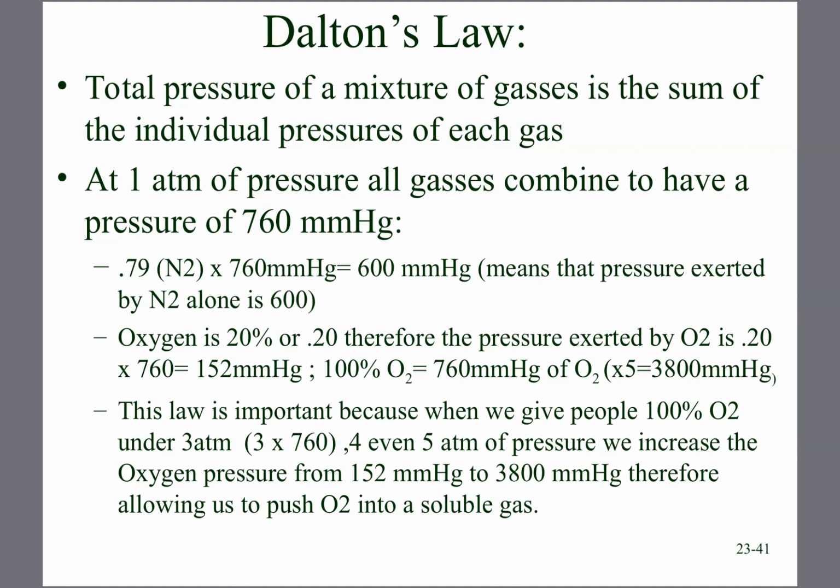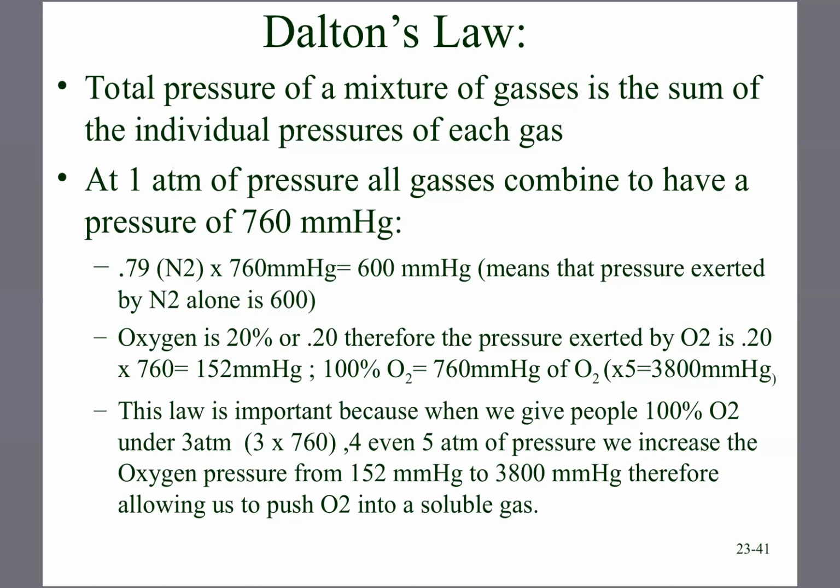Nitrogen, oxygen, carbon dioxide, you can't smell it and you can't see it. So how do we know how much of the gas we have? We know based on the amount of pressure it exerts. So when we are at sea level, all the gases we have exert a pressure of 760 millimeters of mercury, which we call 1 atmosphere.